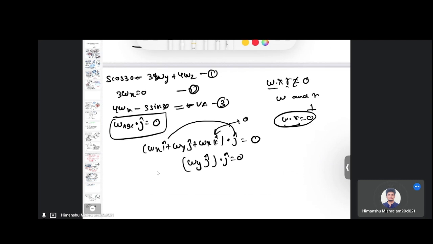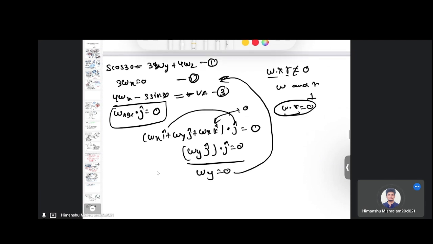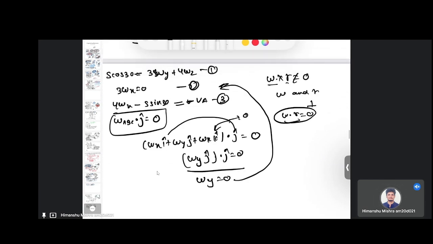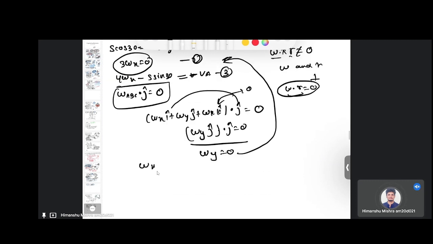So this will be the equation, and it gives omega y equals 0. You put this condition in the above equation. So from equation 2, omega x is also 0. So omega x equals omega y equals 0.